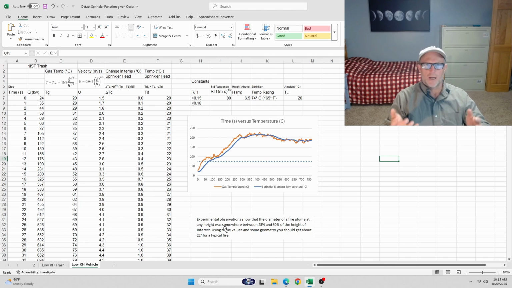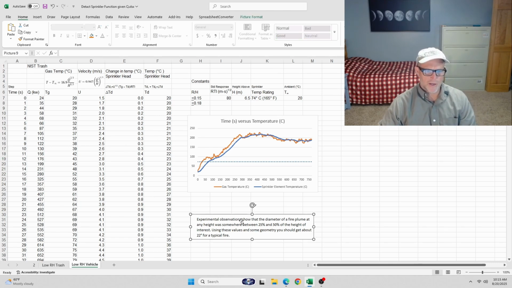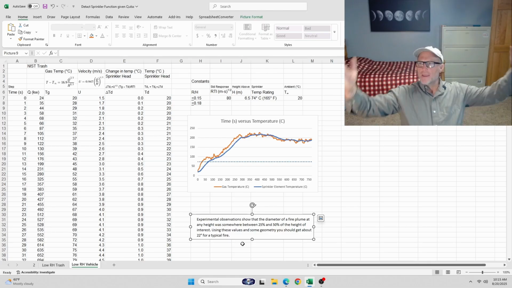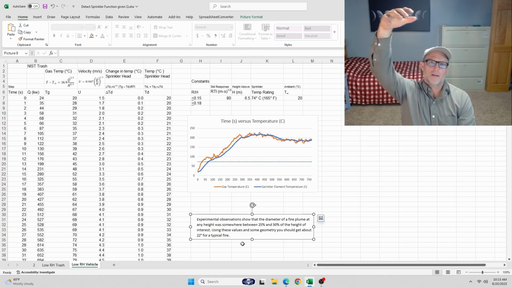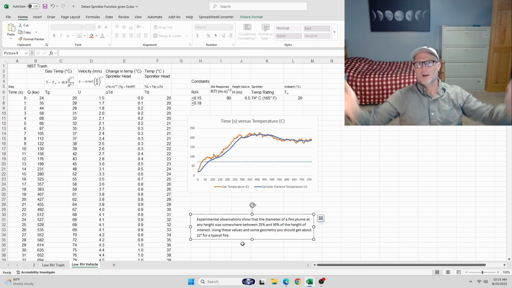But here's something to keep in mind that a lot of people don't realize. Experimental observations show that the diameter of a fire plume at any height was somewhere between 25 and 50% of the height of interest. In other words, the diameter of a fire plume is usually about 1/2 of its height, thereabouts. So if I'm up 10 feet, the diameter of my fire would be 5 feet.